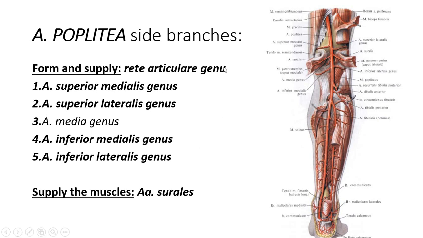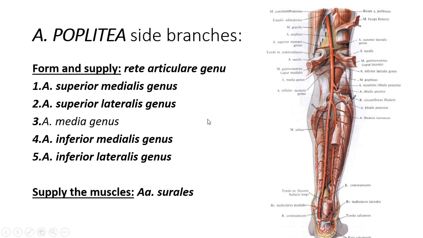And so predominantly the arteria poplitea with all of these side branches will supply the knee joint. So these branches will form the rete articulare genus. And here we have two superior and two inferior arteries that will grab the edges of the bones, curve, and participate in the formation of the rete articulare genus, and one specific artery that will go inside.